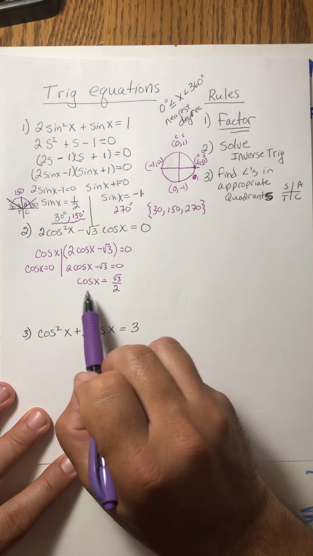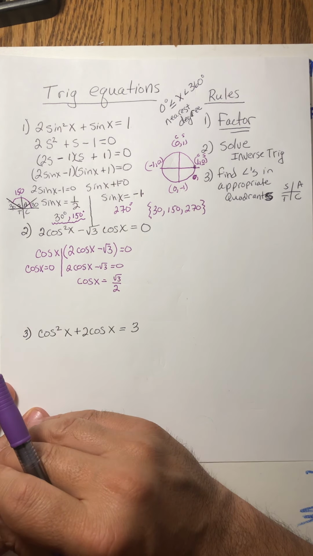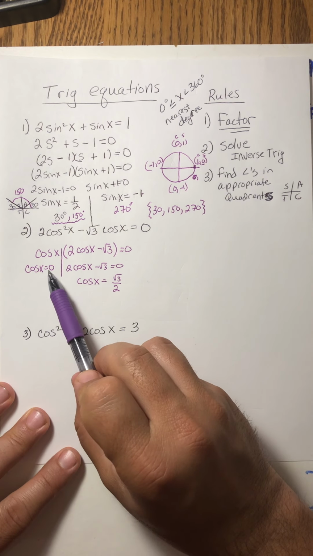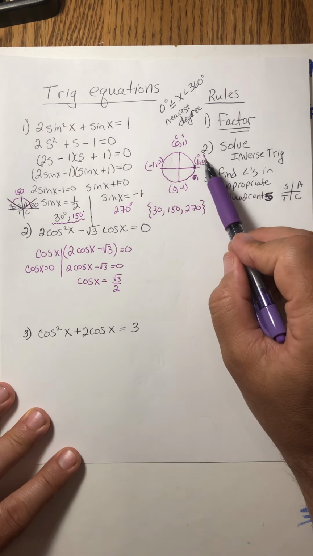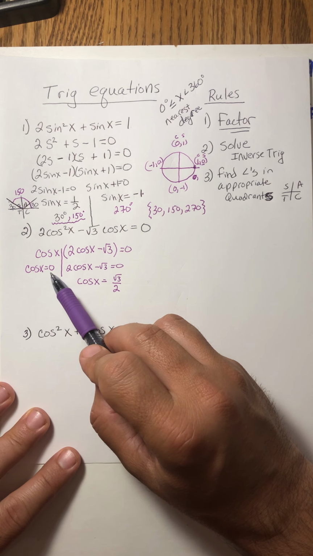Okay, you need to recognize those. For tangents, it would be 0 and undefined that you have to recognize. Okay, but so when you see those 0, a 1, a -1, you need to remember that that's going to be a quadrantal angle answer.